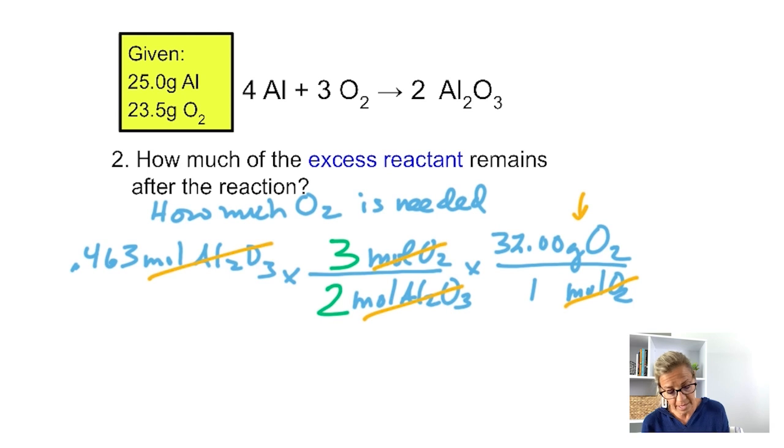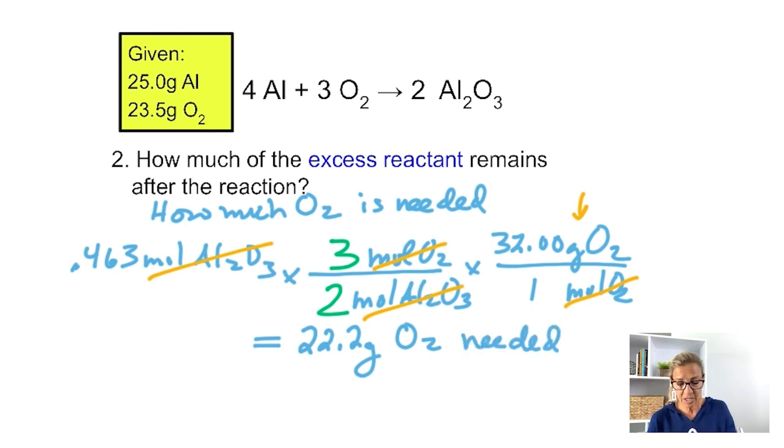All right, so the answer to this little calculation is, let's see, 22.2 grams of oxygen. And I'm going to write the word needed because we have another number right here. Guess what we have here? We were given, I'll say, available.